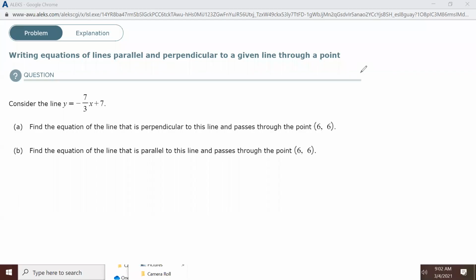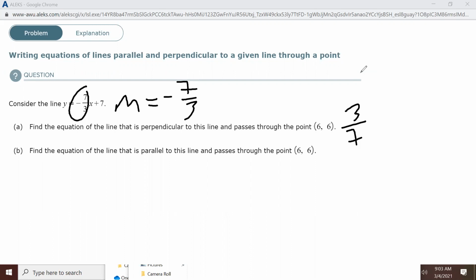As we have seen before, the idea of perpendicular and parallel lines has pretty much everything to do with slope. The slope of the given line is -7/3. The slope of a perpendicular line would therefore be that same number flipped over and with a sign change, so +3/7.